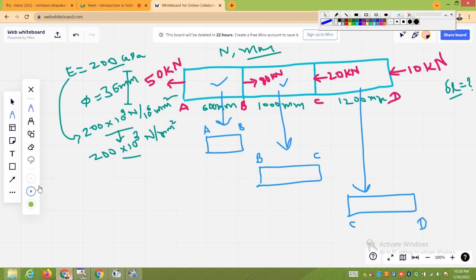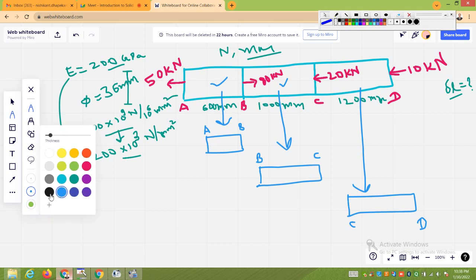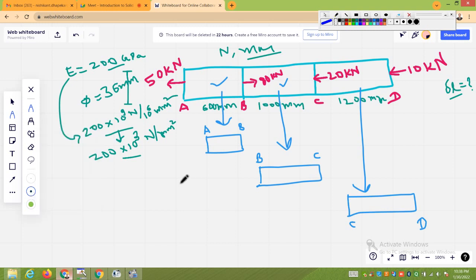If you try to draw the free body diagram, first on the left hand side, this is 50 kilonewtons force towards left. Then at this section, 80 kilonewtons towards right.